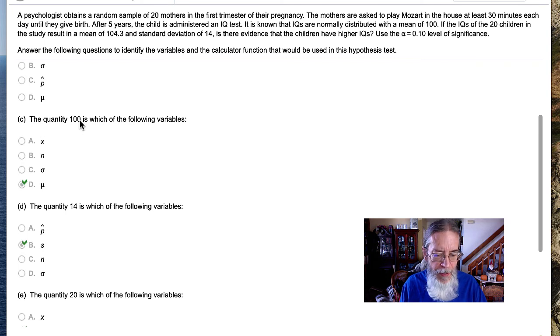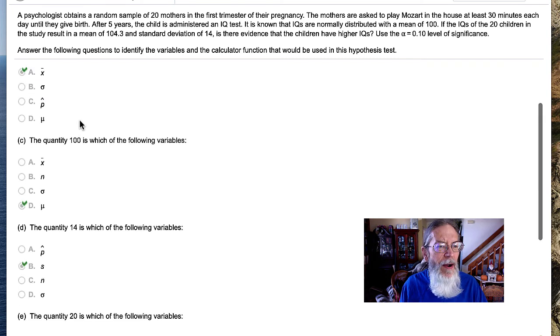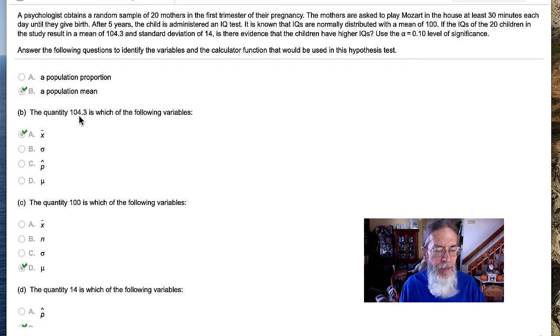So it's 100. And then it asks for x bar. And we know x bar is 104.3. So that's actually greater than the 100. So we're doing a right tail test to see if they have higher IQs. Okay, that makes sense. This is a right tail test.